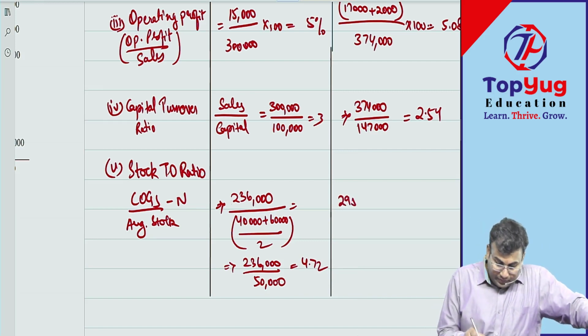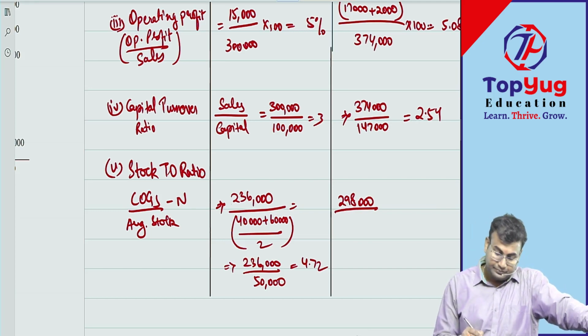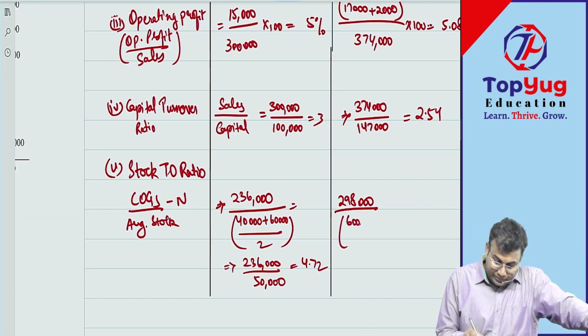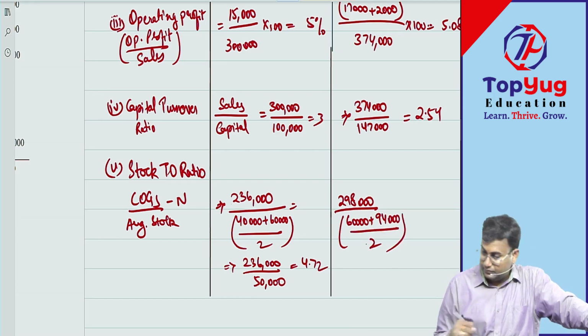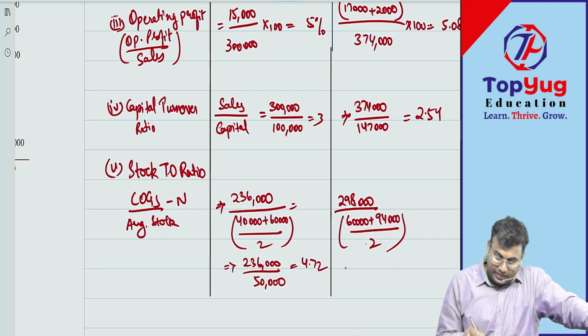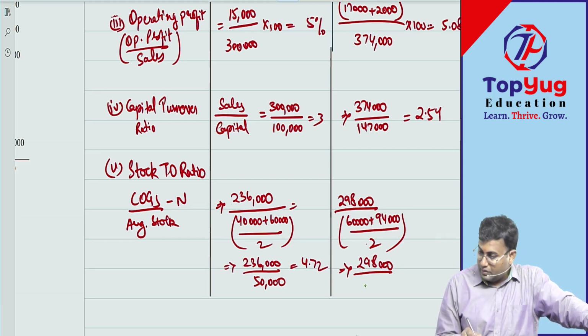Next one. 2,98,000 divided by 60,000. So that would be how much? What is the denominator? Can somebody tell me? 60, 77,000.